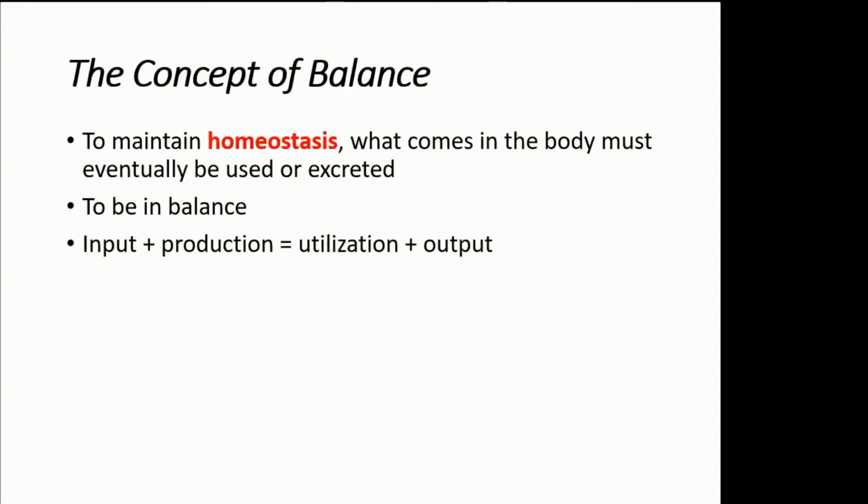The amount you put into your body plus the amount you produce of whatever we're tracking should be the same as the amount that you use plus the amount you excrete. So if we're thinking about water, the water you drink plus the water that's a byproduct of your metabolic processes should equal the water you're using in other metabolic processes plus the amount of water you're excreting.